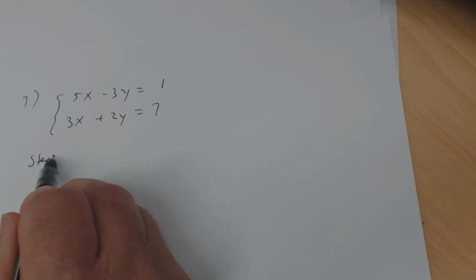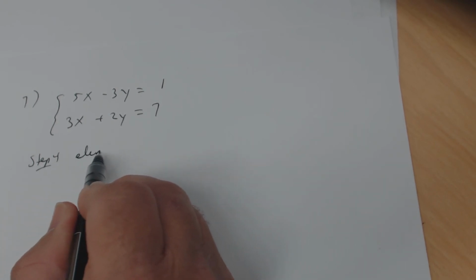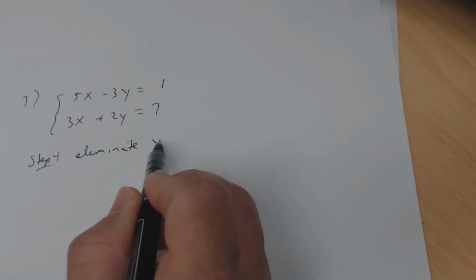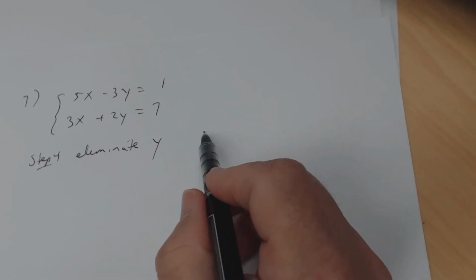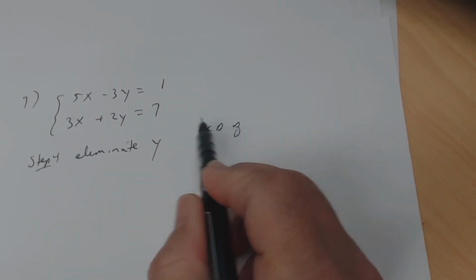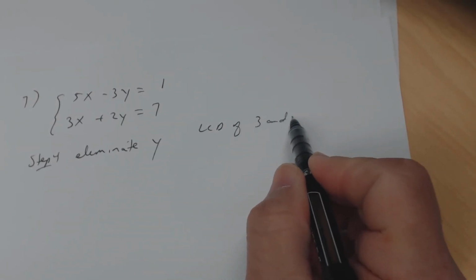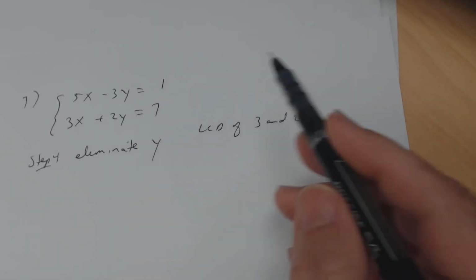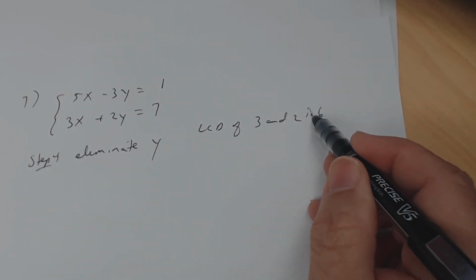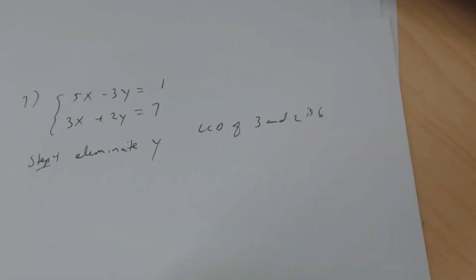Step 2, let's go ahead and eliminate y. And so then what I got to do is find the LCD of 3 and 2. The LCD of 3 and 2 is 6.